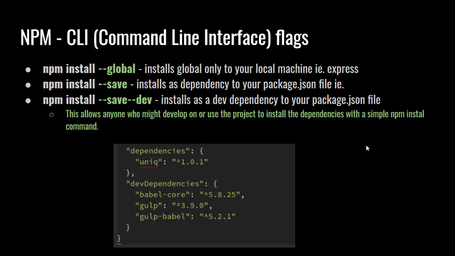Again, with these flags, there's a shortcut, npm i -g. It basically means the same thing. It'll just save a bit of time. And some of these other flags have short form versions of themselves.